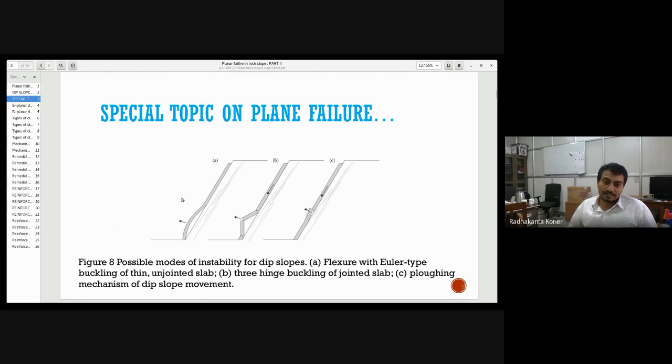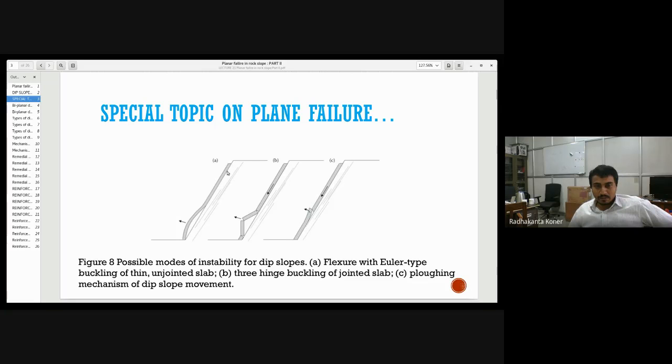the first one is a very thin sheet associated with this rock mass. But the property characteristics of the thin sheet are separate from the rock mass.